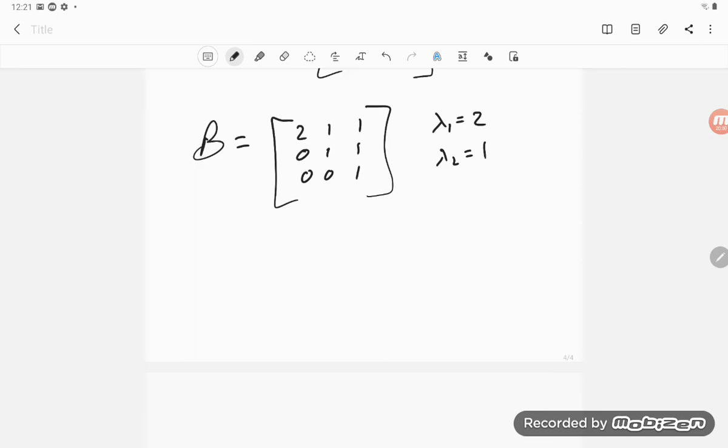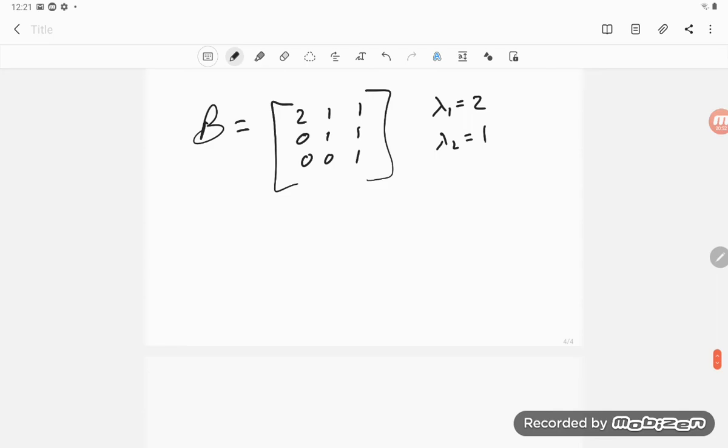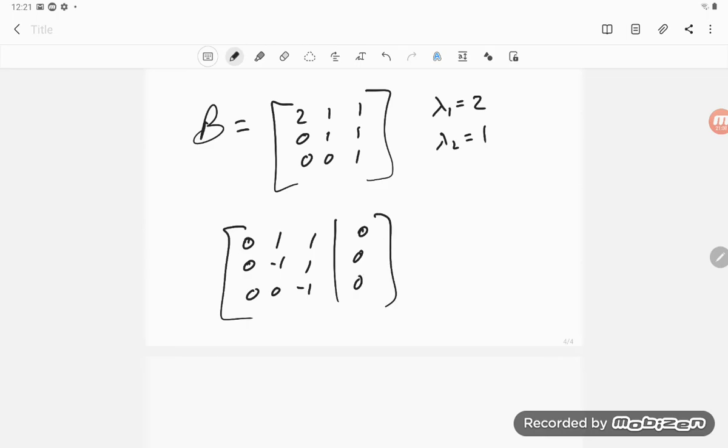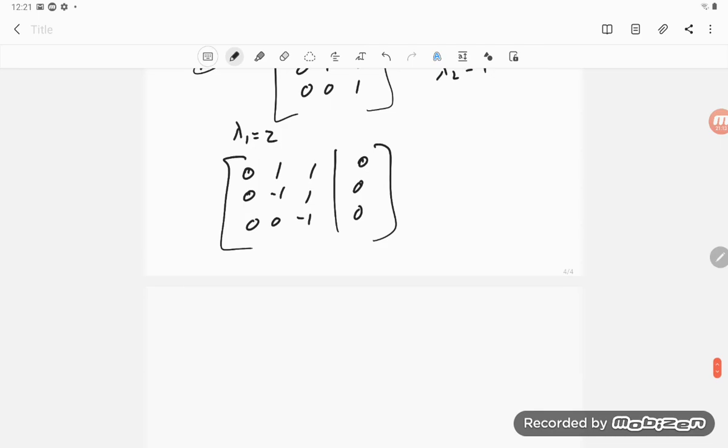Now, if we look at lambda 1 equal 2, again, we get a 0, 1, 1, 0, minus 1, 1, 0, 0, minus 1, augmented with 0, 0, 0 when we let lambda 1 equal 2. And here, when we do that, I can add row 1 and row 2 and put it back in row 2.